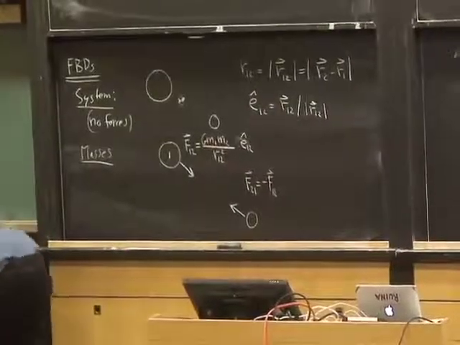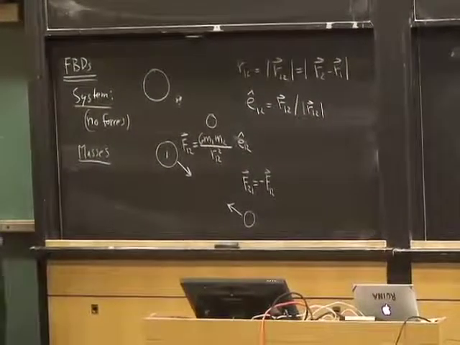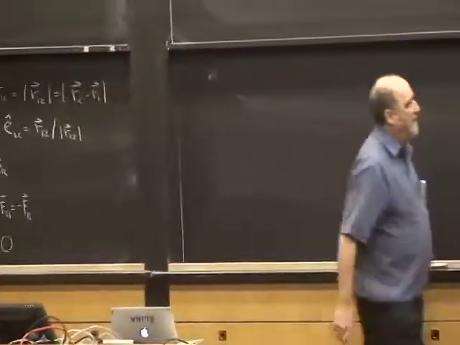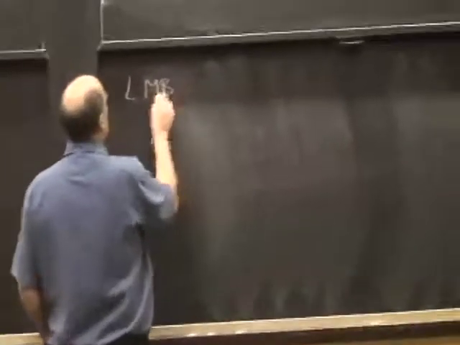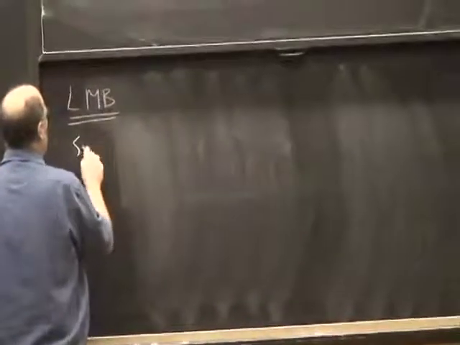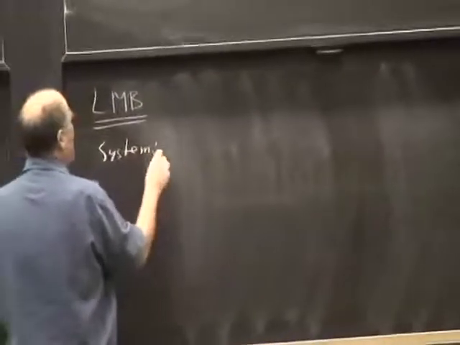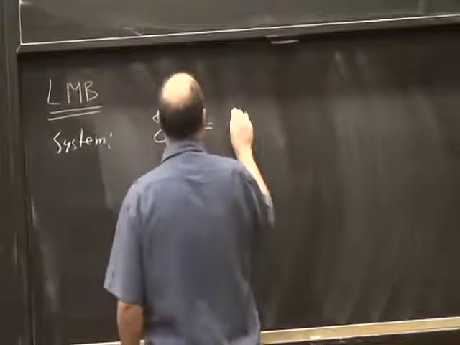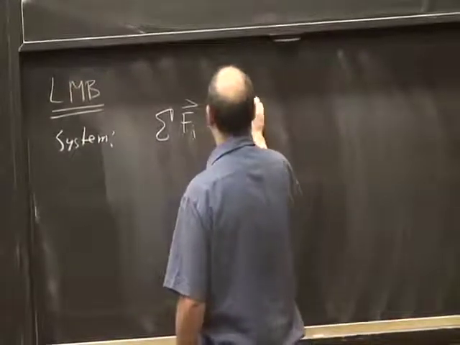Okay, so now we've got free body diagrams, and we can then use linear momentum balance to figure things out. What do we do with linear momentum balance? Well, for the system we have the sum of the forces on the system is equal to the rate of change of the linear momentum.